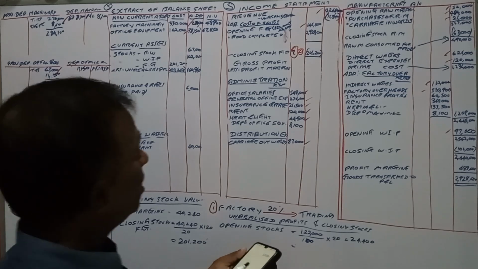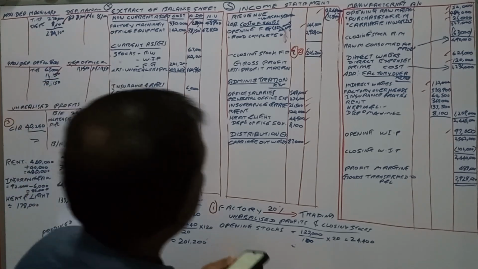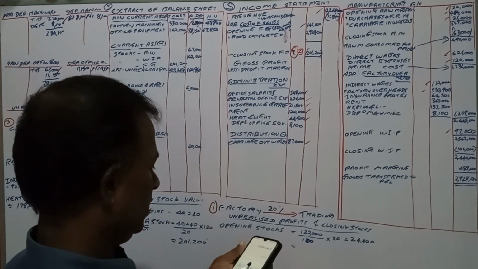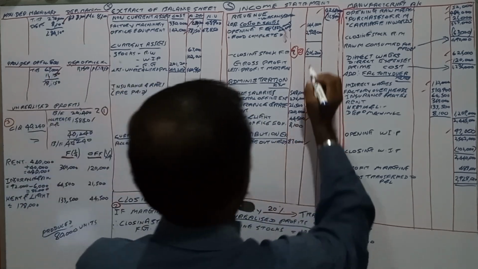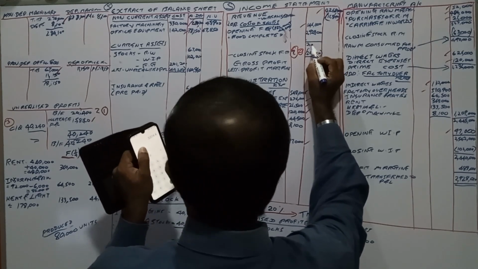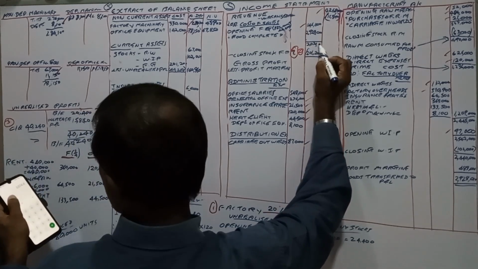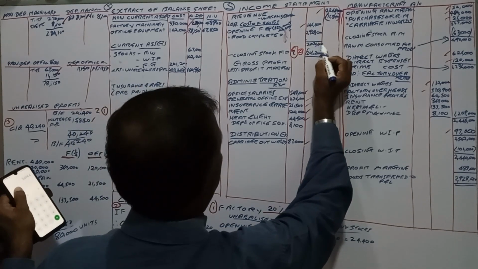With 2,928,000, you have to add 146,000 and 400, which makes 3,074,400.